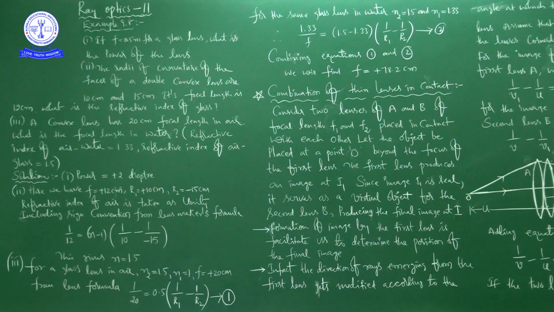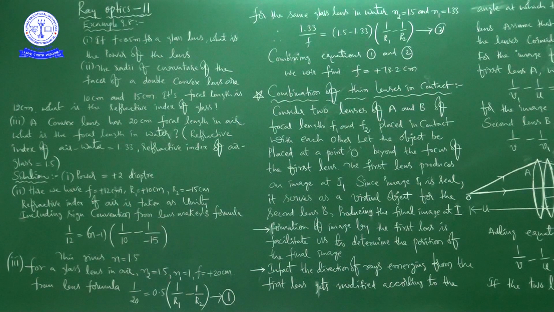So that is the focal length in water, plus 78.2 centimeters. So in this example problem, first they have given the focal length, asking to find power. Secondly, they have given the radii of curvature and focal length, asking to find the refractive index of glass.